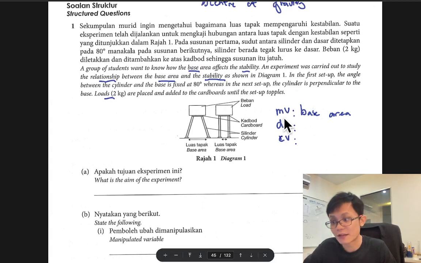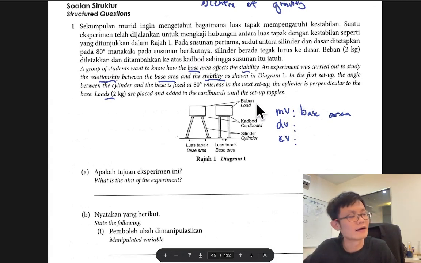Okay, MV is the manipulated variable. When we read the question, usually the question will tell the answer, especially when the question is about an experiment. The manipulated variable and the responding variable are usually in the question.